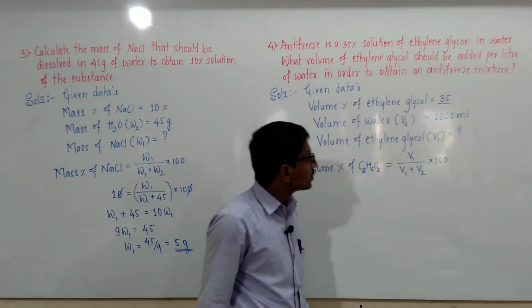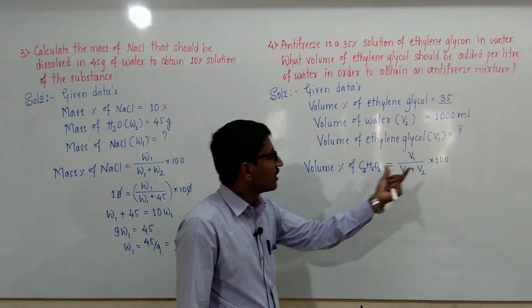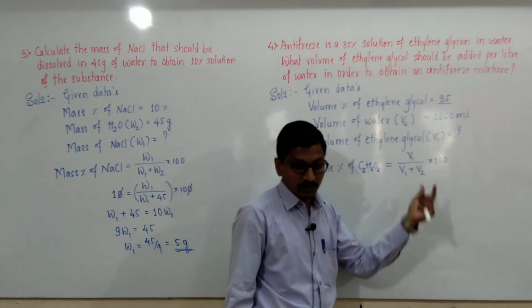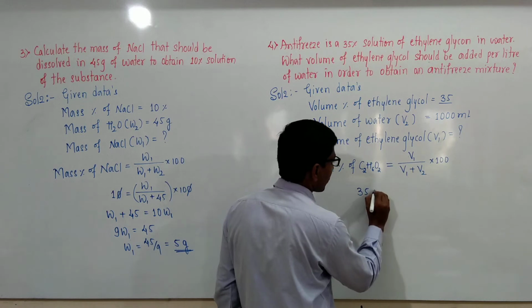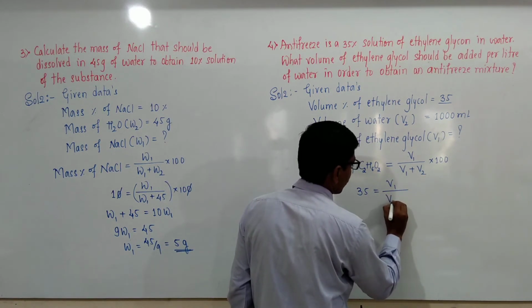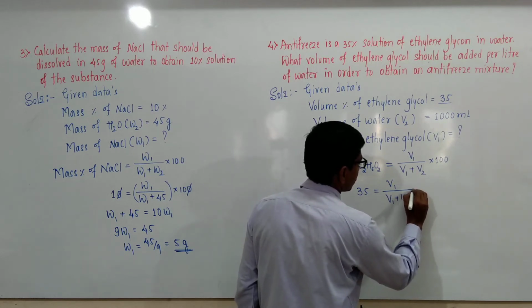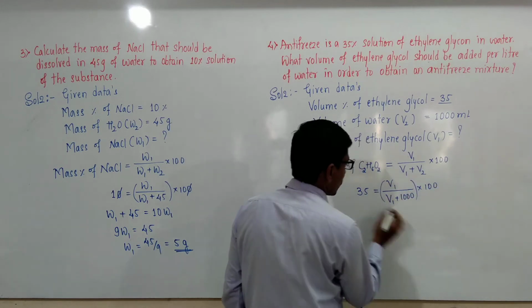Then substitute the values in this equation. Volume percentage is given and V2 is given 1000 ml. Substitute. 35 is equal to V1 divided by V1 plus 1000 into 100. Cross multiply.